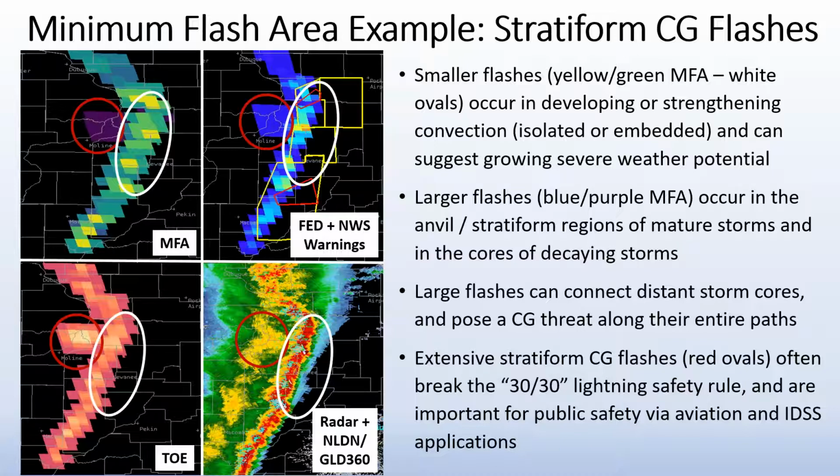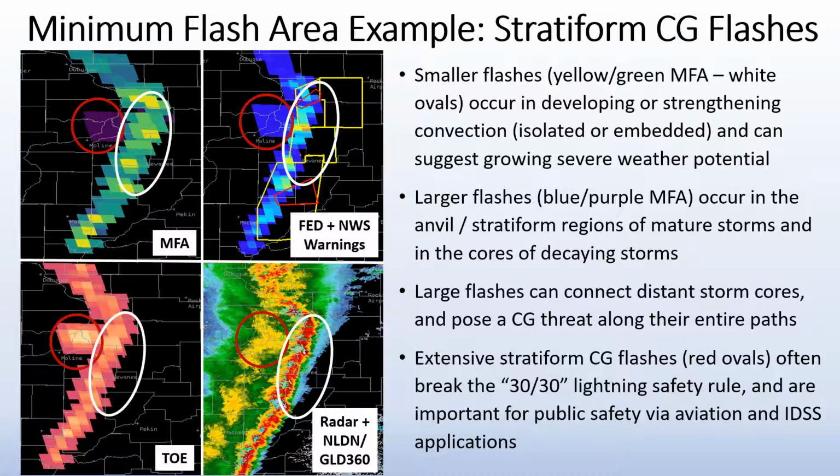But something else to notice from this convective system is that we also have very large flashes, which are represented in this case by the purple MFA grid cells, and that's occurring in the stratiform region of this mature QLCS. So these large flashes are particularly dangerous because they can connect seemingly distant storm cores, and along their entire path, they would pose a distinct cloud to ground or CG lightning threat, which could be dangerous to life and property.